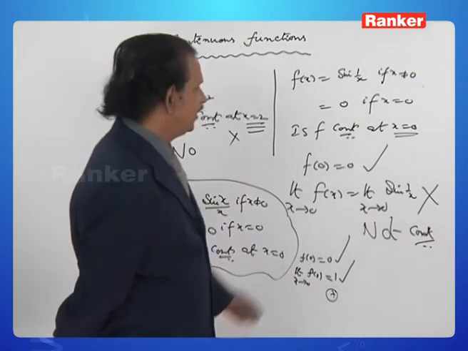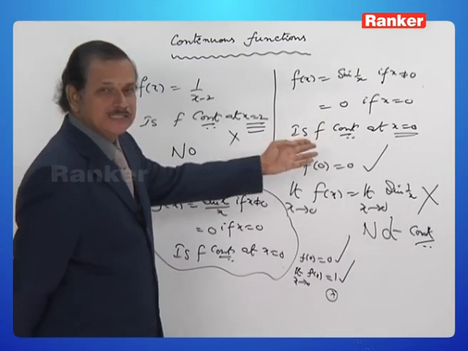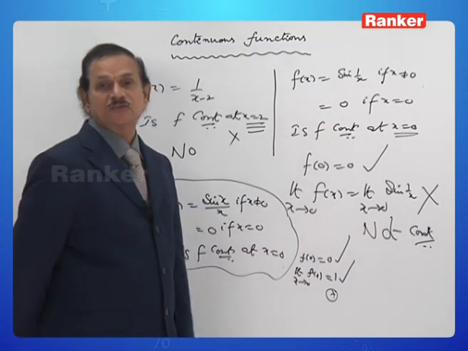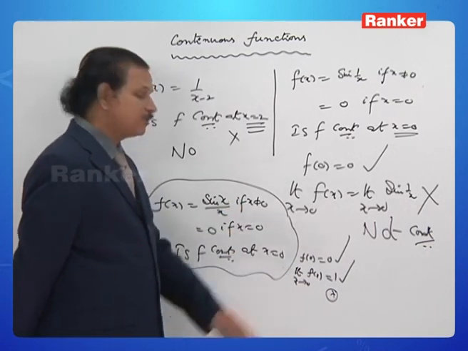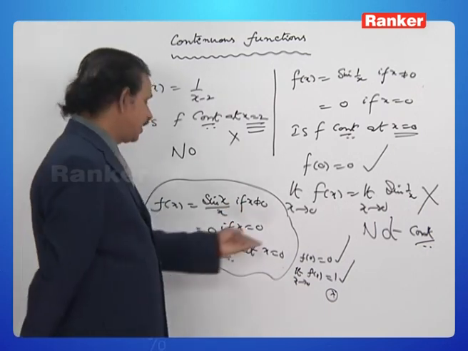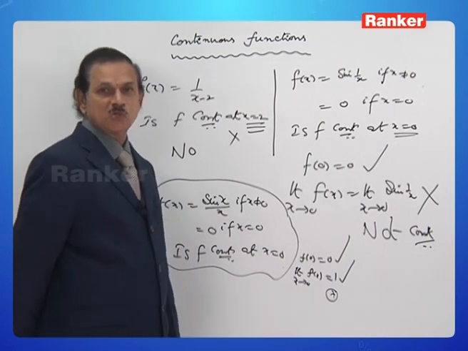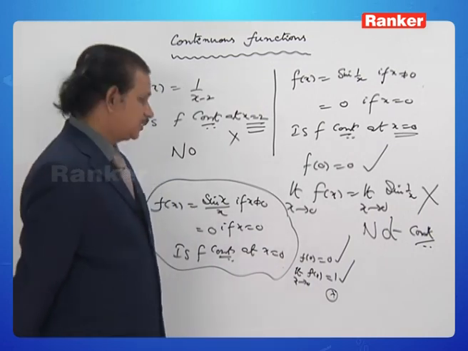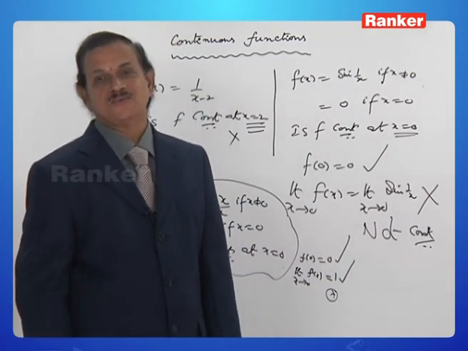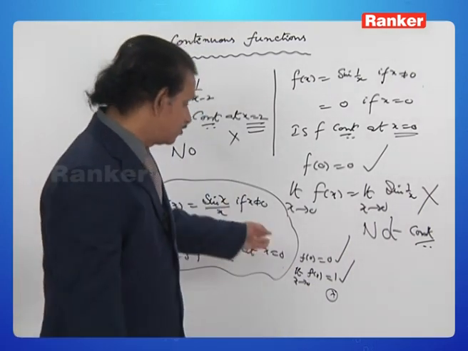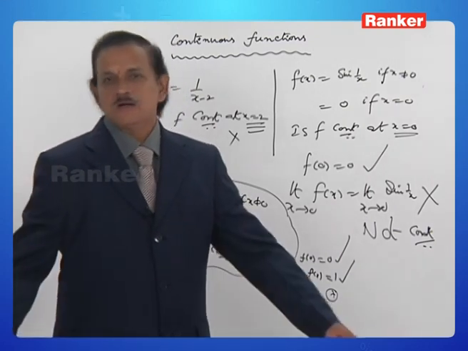That is why we say that this is discontinuous at x equal to 0. And here, the first condition is okay, f of 0 is defined. The second condition is okay, the limit of f of x as x tends to 0 exists, 1. But the third condition fails. So for x equal to 0, it is discontinuous or not continuous.